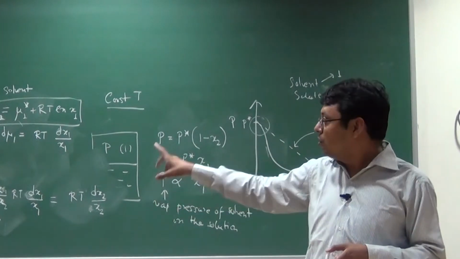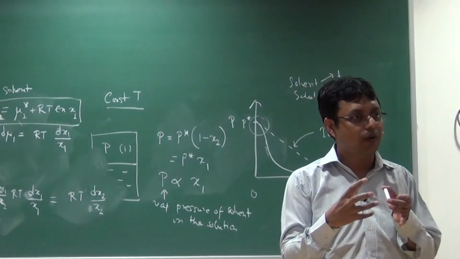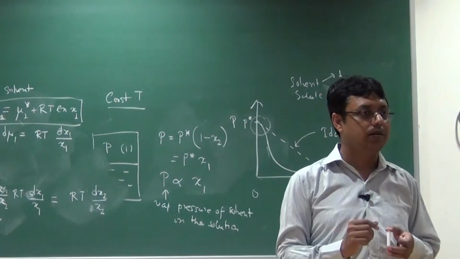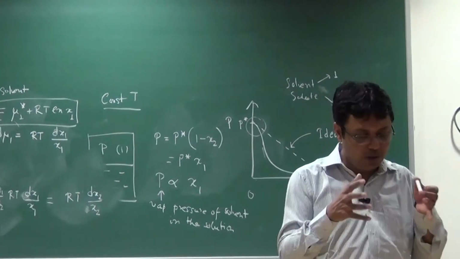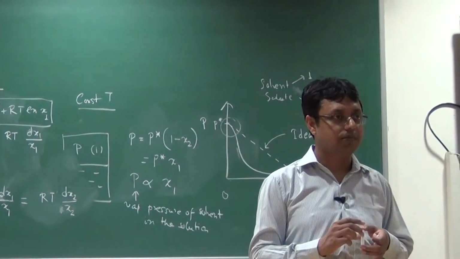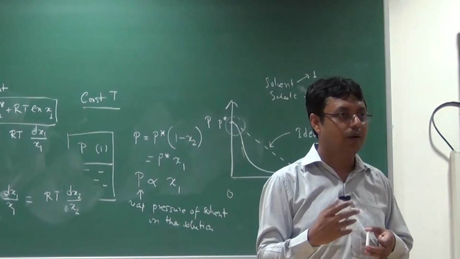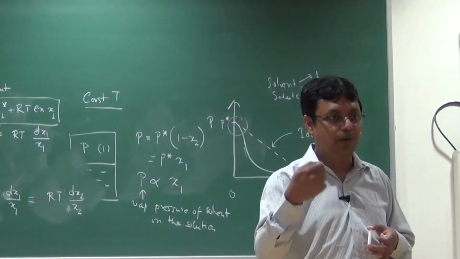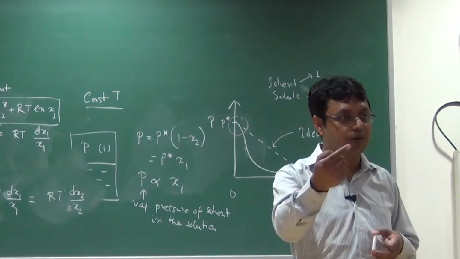So it really doesn't matter which one is 1 and 2, as long as you are only looking at the solution. Of course, you did not look at the vapor, but you used the vapor equation very cleverly for the solvent, because the solute doesn't go into the vapor phase.